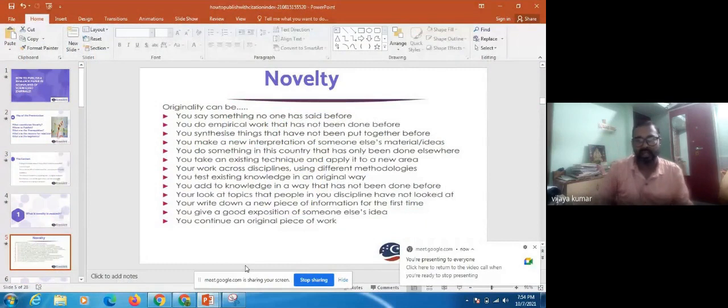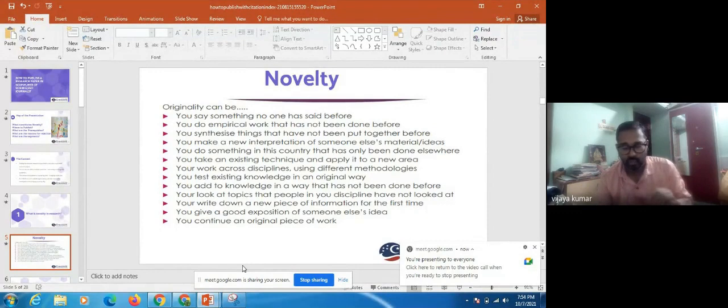All right. See, the other way of achieving novelty is you can work across disciplines using different methodologies. This is called methodological research. For example, there are different kinds of research designs. The mixed methods research, the qualitative research, the quantitative research.